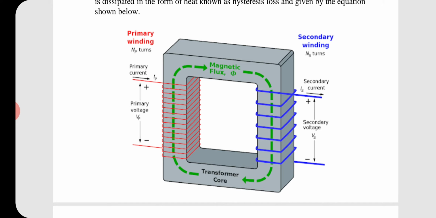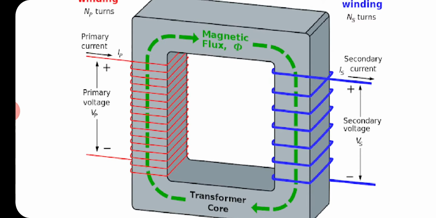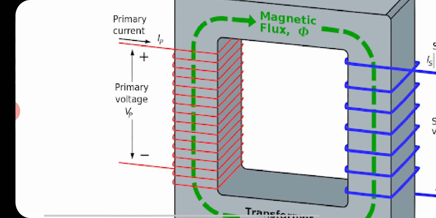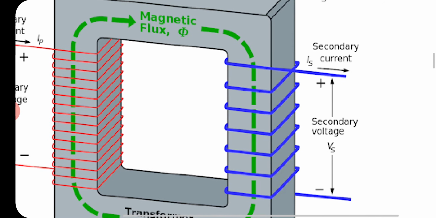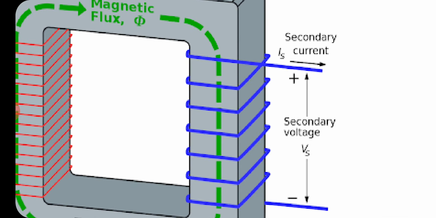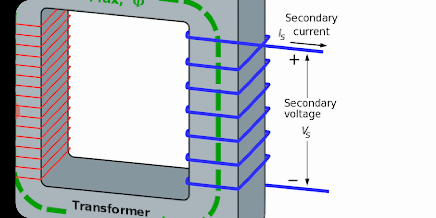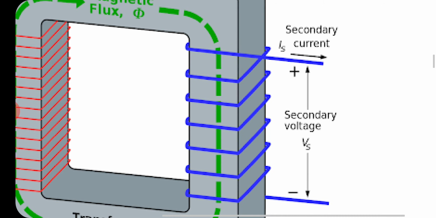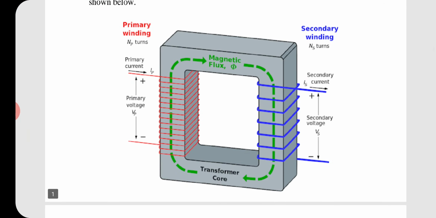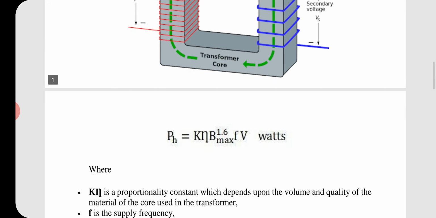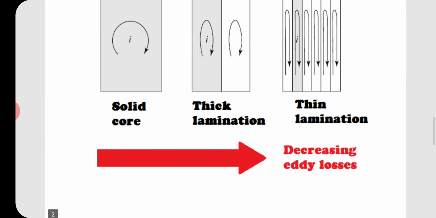When the current I1 flows through the resistive primary winding R1, there will be an I square R loss in the primary winding. And when current flows through the secondary winding, which also has some resistance, there will also be a copper loss, an I square R loss. So this I square R loss is actually the copper loss in the winding.